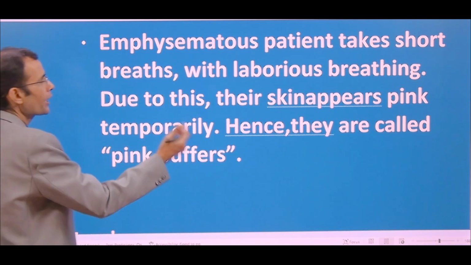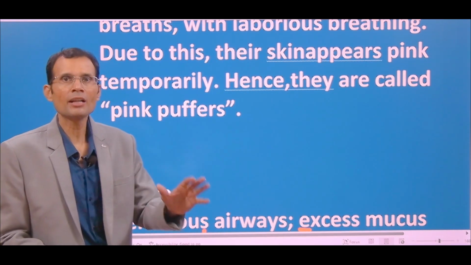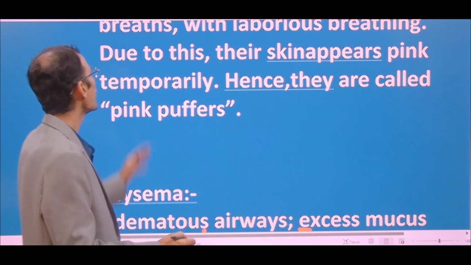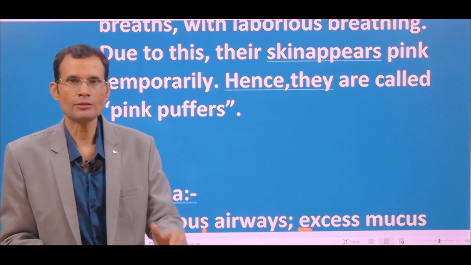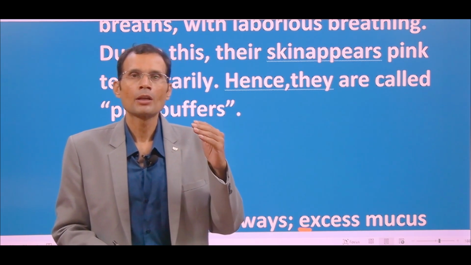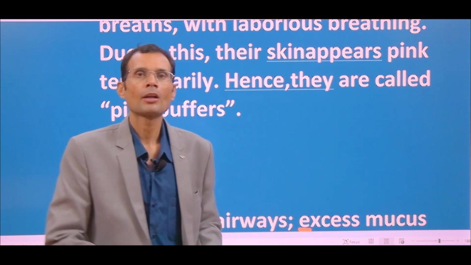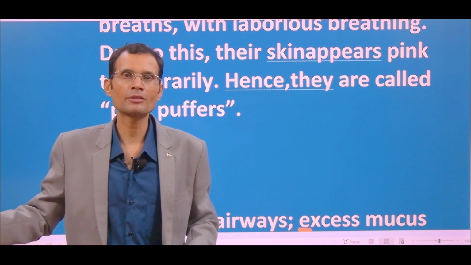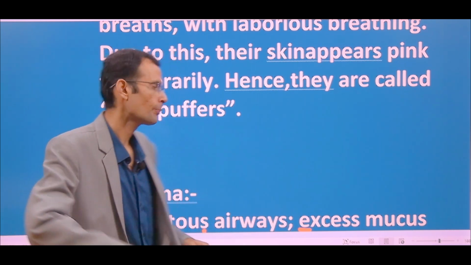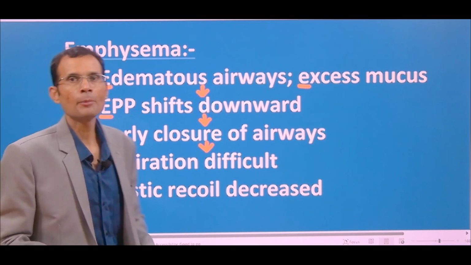And because of such laborious breathing, their skin appears pink temporarily, and therefore they are called pink puffers. So please remember, those who are reading clinical subjects, emphysematous patients are called pink puffers, and chronic bronchitis patients are called blue bloaters. Okay, so this is the pathophysiology of emphysema.